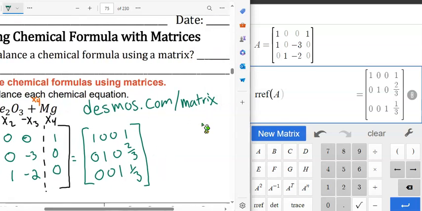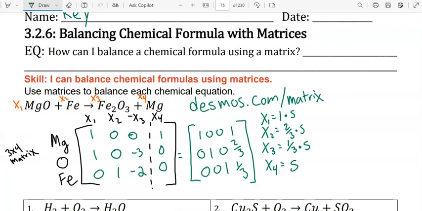So we're going to say that x1 is 1 times s, x2 is 2/3 times s, x3 is 1/3 times s, and then x4 is s for however many that you're multiplying it by. Now, s is going to be the least common denominator. And in this case, it is 3.